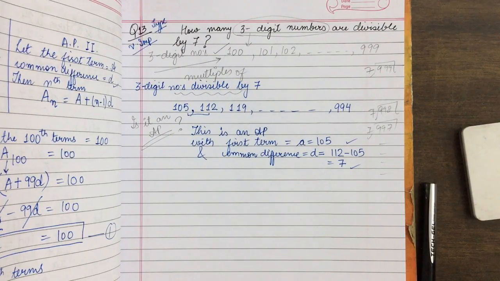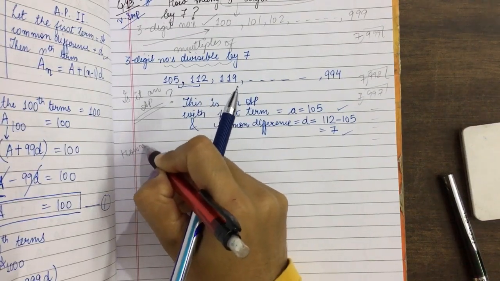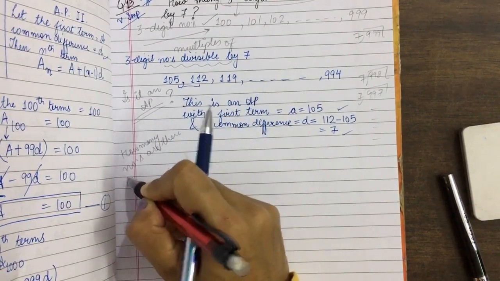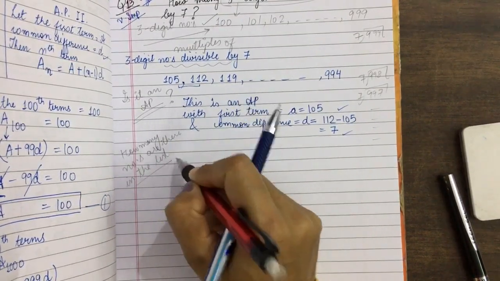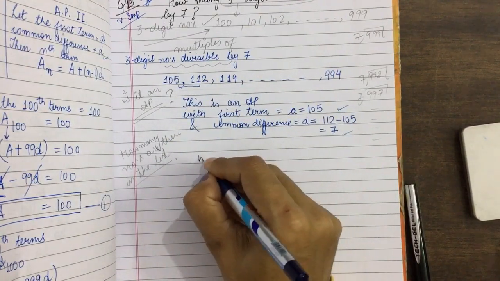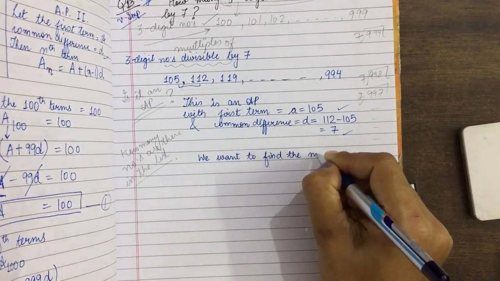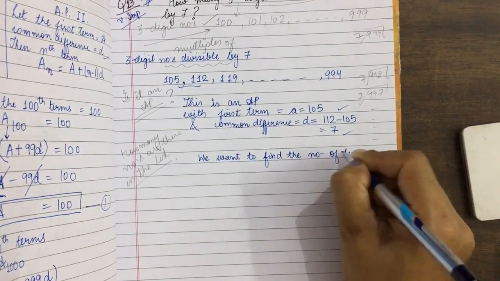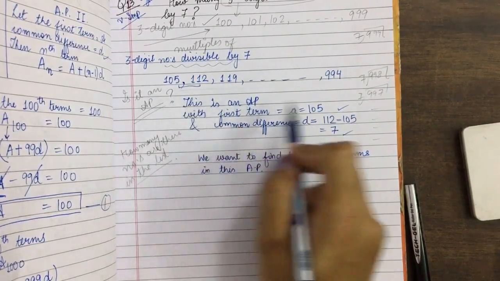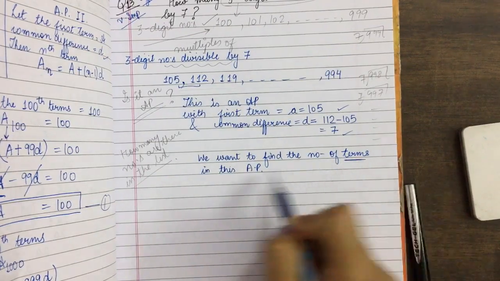Now we can focus on what we want to find out. We want to find out how many numbers are there in this list. So we want to find the number of terms in this arithmetic progression, because this list forms an arithmetic progression and the numbers in the list are referred to as the terms of the AP.